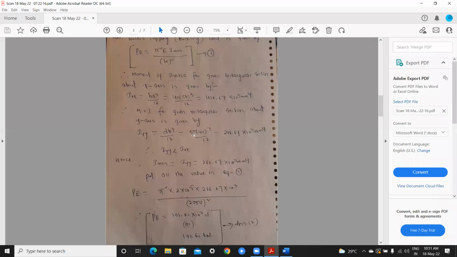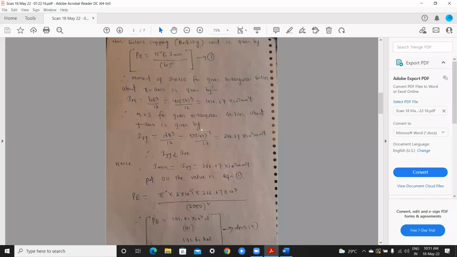So next, Euler's crippling, that is buckling, load is given by this formula. In this we calculate the I minimum value. The moment of inertia for a rectangular section about the x-axis is given by Ix equal to BD cube by 12. As we know, breadth is 40 and depth is 50 cube. So this is the Ix value, 416.67 into 10 cube mm power 4.